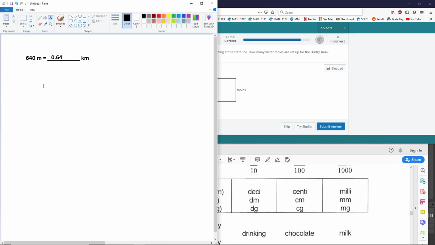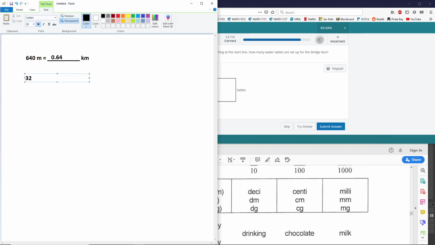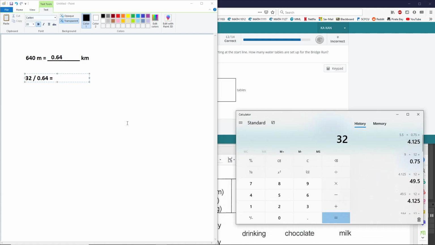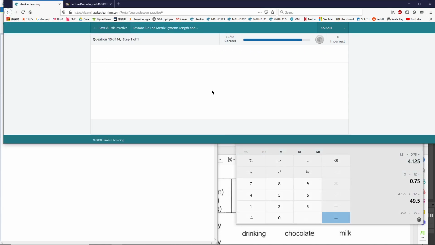So all you have to do is look at the total, 32 kilometers, right? Divide that by 0.64. That's the answer. So let's see. That's 50. So you need 50 water tables. Done.